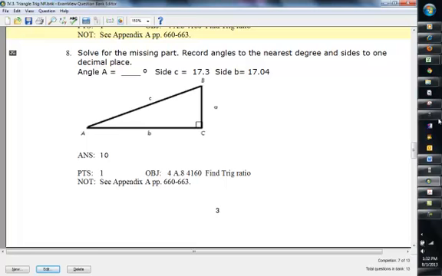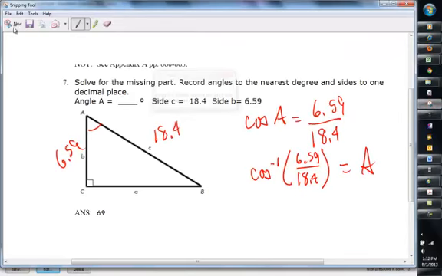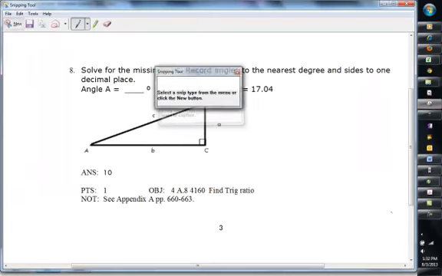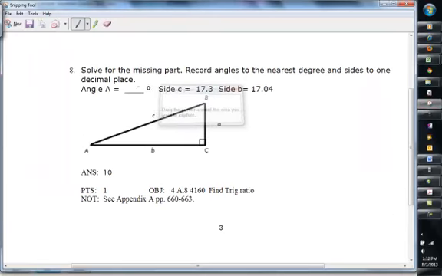Solve for the missing parts here. We're looking for the angle again. We've got the hypotenuse is 17.3 and the adjacent side, so it's cosine again.